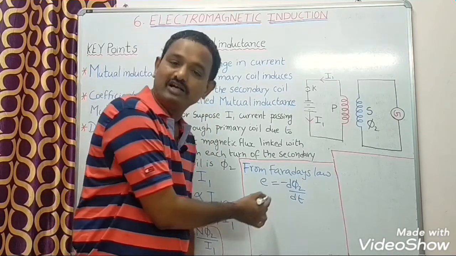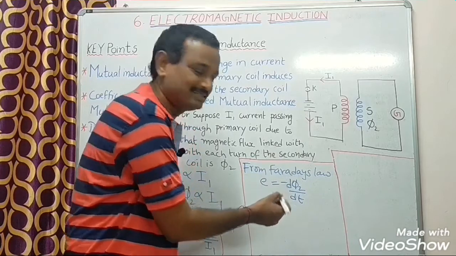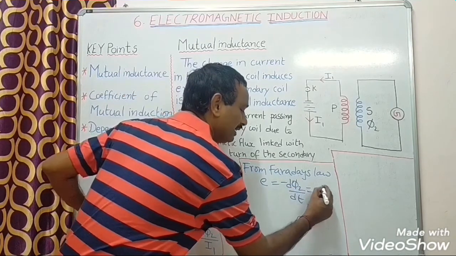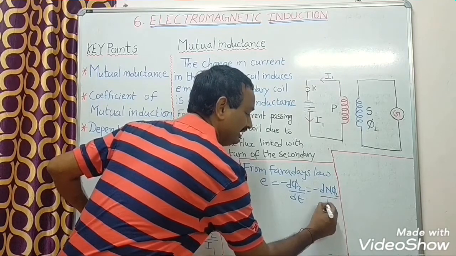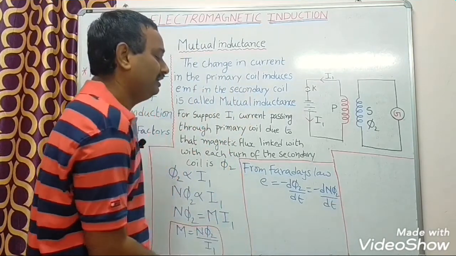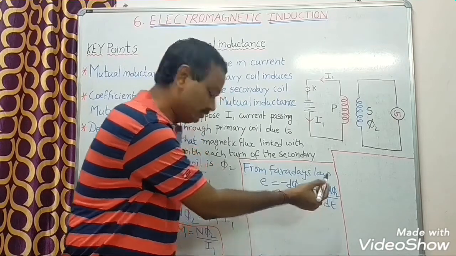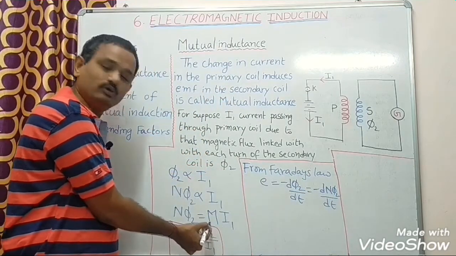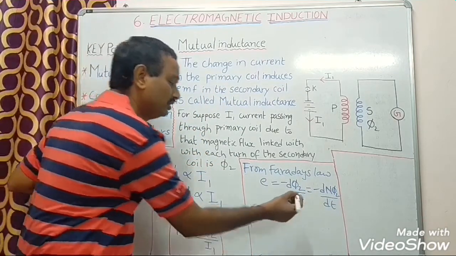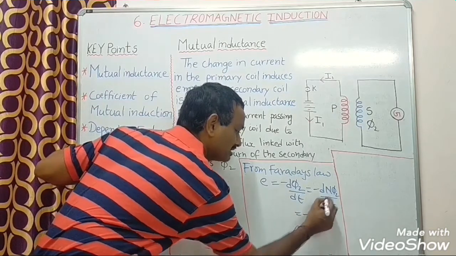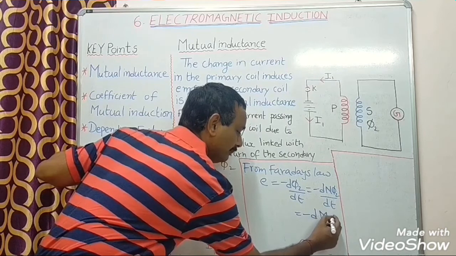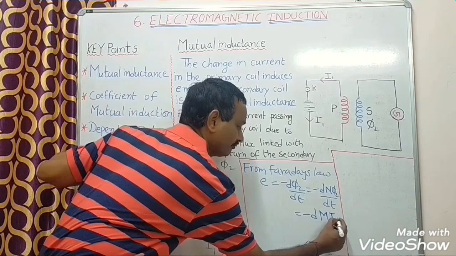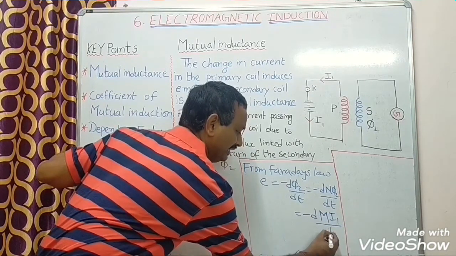It is for 1 turn. For n turns, I will write minus d into n phi2 by dt. See, in the place of n phi2, I can write M into I1. So I will replace n phi2 with M into I1, so E equals minus M dI1 by dt.